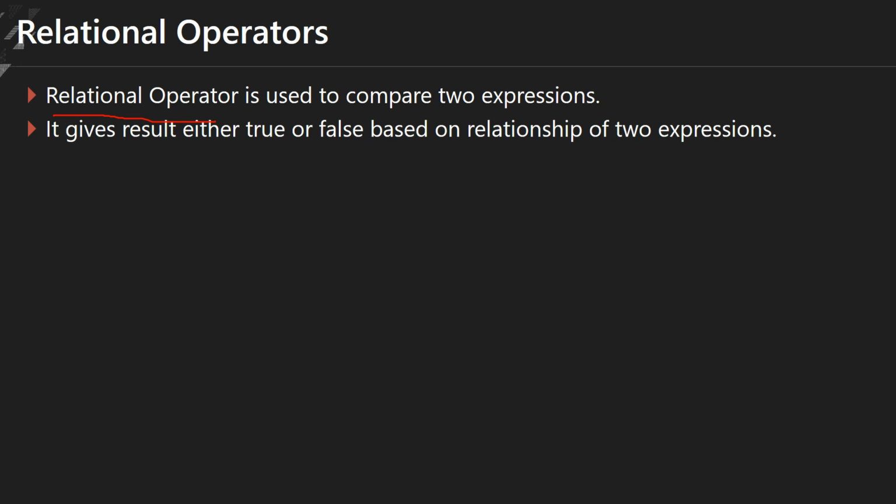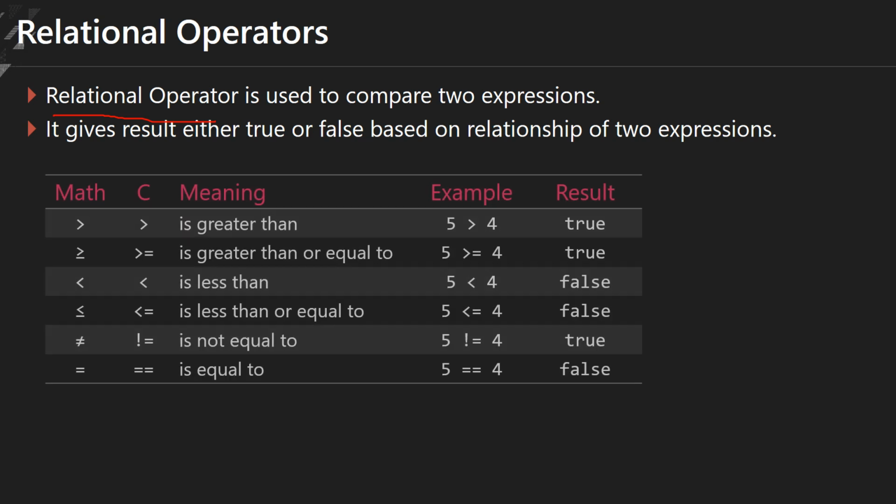So what are those relational operators? In C programming, we use the greater than symbol, greater than or equal, less than, and less than or equal to. In mathematics you write them differently, but in a C program you use these.